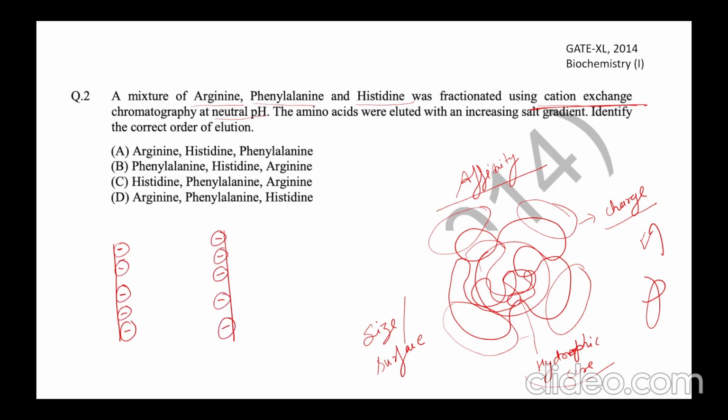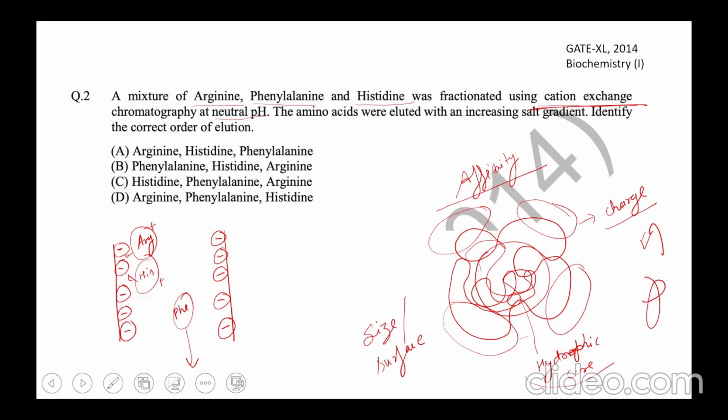Okay, it is covered with negatively charged ions, and arginine and histidine being positively charged amino acids, they will bind to the columns, but phenylalanine, which is neutral in charge, will be eluted first.